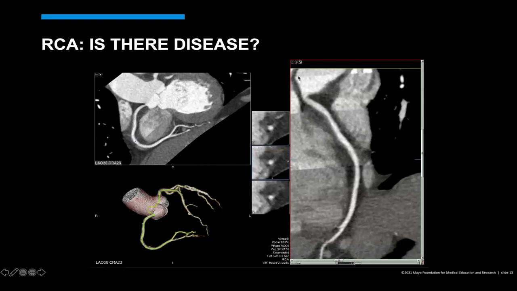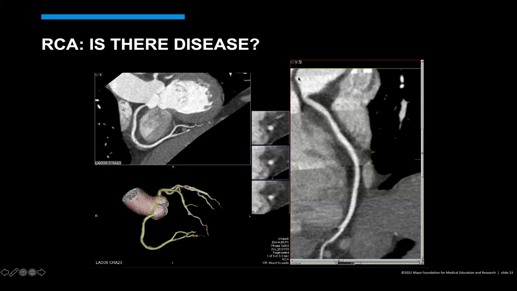Yeah, so I think we call them stair step artifact, from where, in prospective gating, they take different slices each heartbeat. So I think that's what that is from. Yeah, exactly. So you see this little step off. You see it best up here near the top in the aortic root. There's a little stair step in the aortic root.